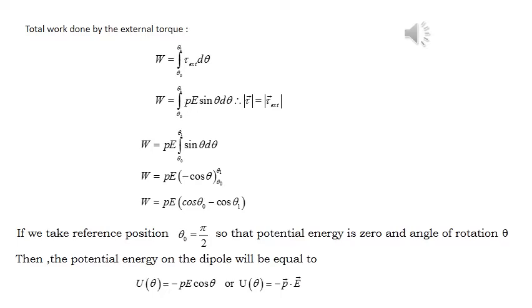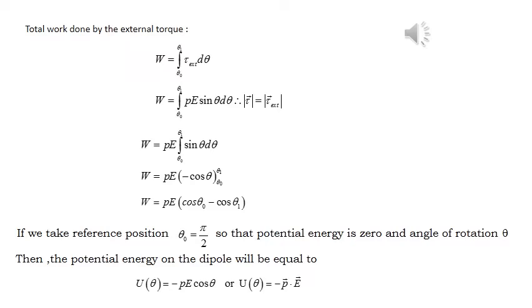Why? Because the external torque numerically should be equal to the torque developed by the dipole due to the external field. The minimum amount of external torque is the magnitude of the original torque developed on the dipole due to the electric field. So tau external is replaced as PE sin theta, and PE is constant.